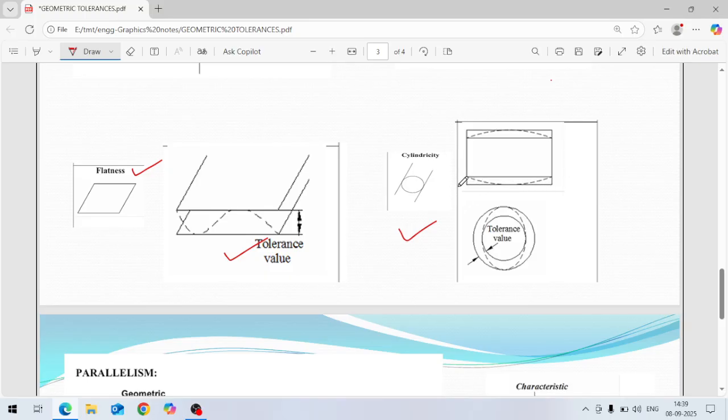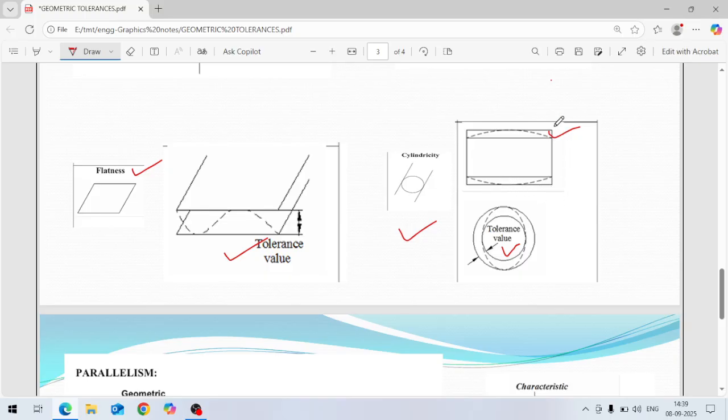Across the length, if there is some permissible error, it is given here. And in the diameter also, which means roundness. So if we add these two things, roundness and straightness, then it becomes cylindricity. It is the total permissible error which is called cylindricity.